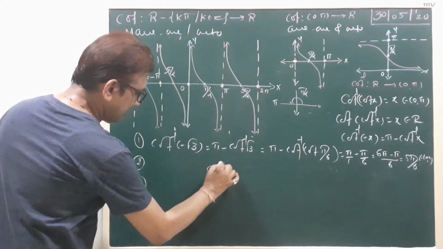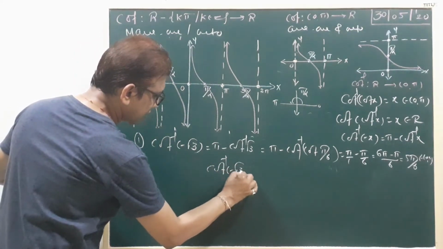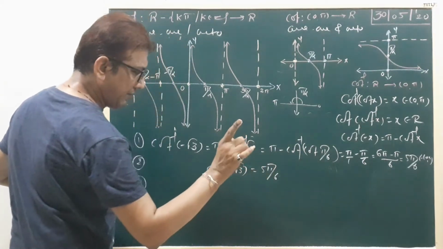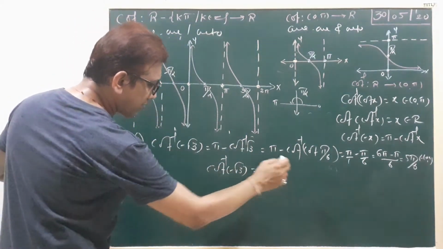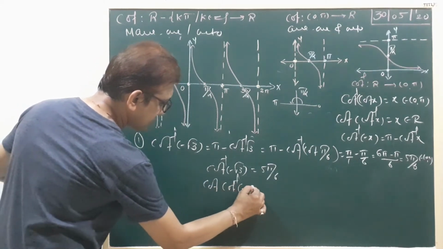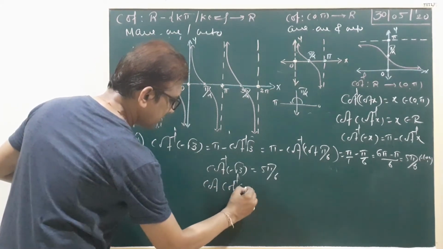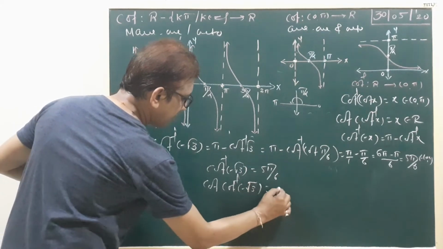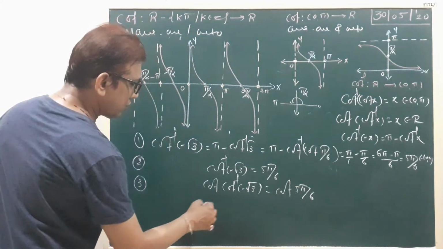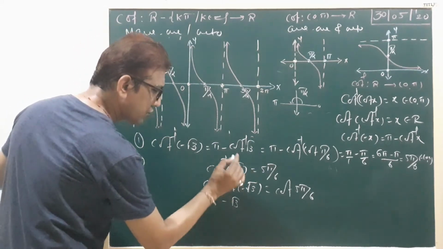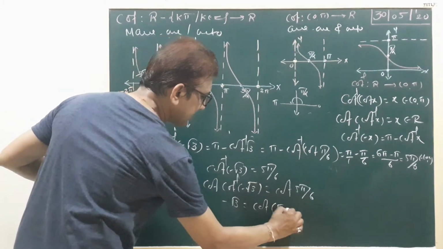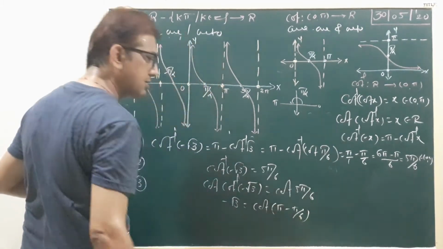Verify. Our question is cot inverse of minus root 3 and the final answer is 5 pi by 6. Now take cot on both sides: cot of cot inverse of minus root 3. Cot and cot inverse cancel, so minus root 3 equals cot 5 pi by 6, that is cot of pi minus pi by 6.